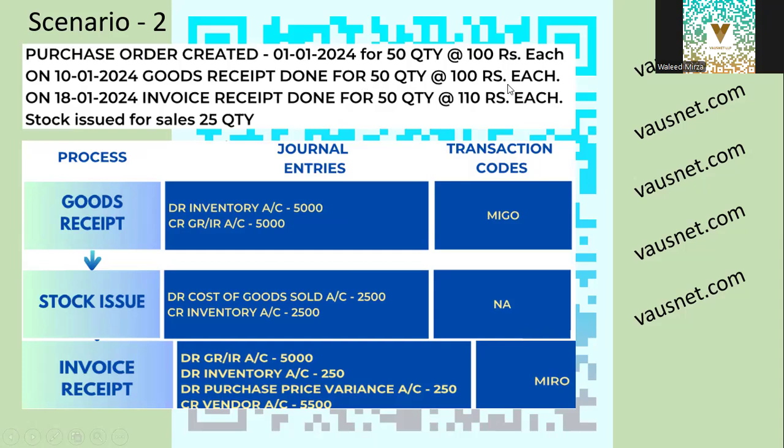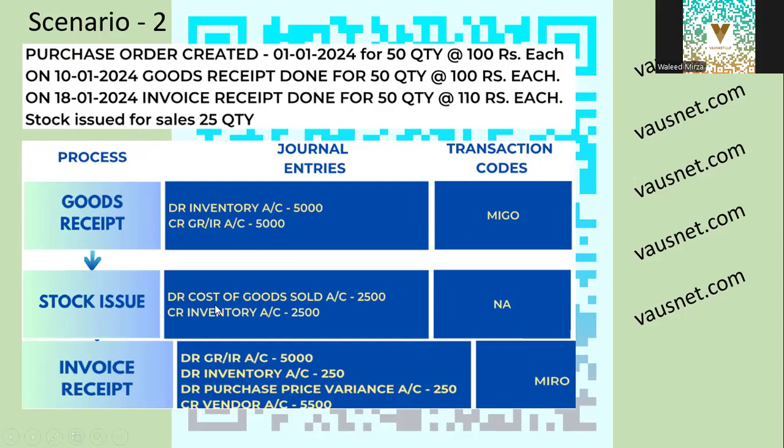So that is goods receipt is done at 5,000. On 18th, invoice receipt is done at 110 and stock is issued for sales at 25 quantity. So 50 minus 25 is half of the stock is gone. So goods receipt, inventory account debit, GRIR account credit, MIGO is the transaction.